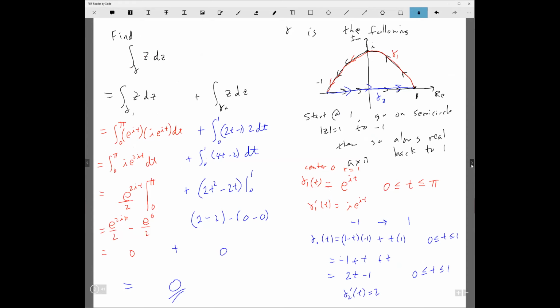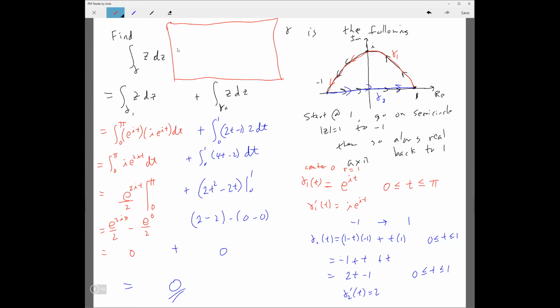Okay, also, this function right here, we know an antiderivative for this is z squared over 2, right? Antiderivative for z is z squared over 2. And the beginning point and the end point are 1, so it's like 1 to 1. And everybody knows that's just going to be 0, right?